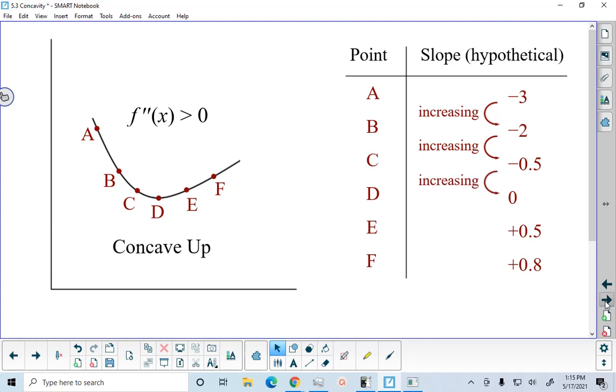Negative 0.5 to 0, that's an increase. 0 to 0.5, increase, 0.5 to 0.8. These are all increasing slopes. And since the slope is increasing, the derivative is increasing. And if the derivative is increasing, the second derivative is positive. What I'm doing here is trying to get you to understand why a positive second derivative creates a concave up shape.